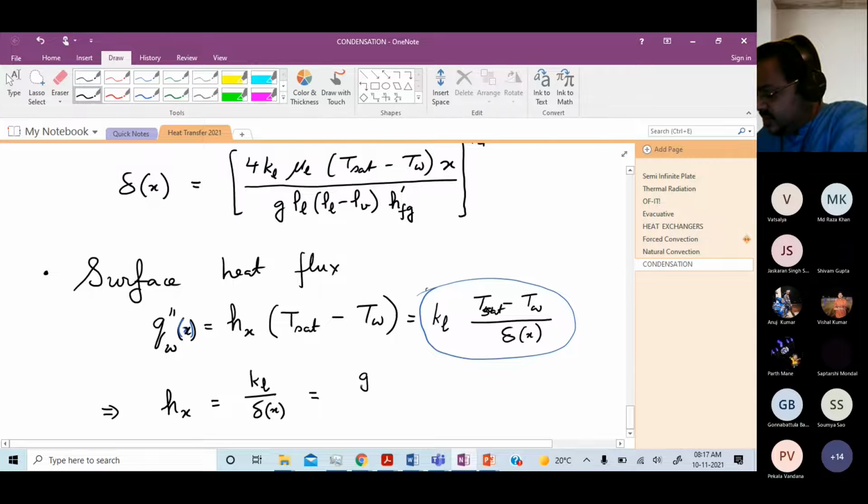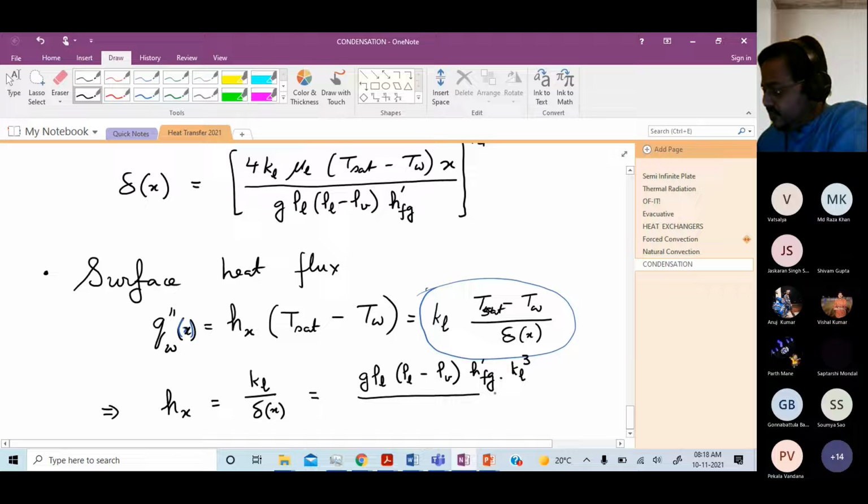So essentially what you will have is g rho L minus rho V H prime Fg times KL cubed, because you have a KL and a KL in the denominator, and inside it is to the power 1/4, divided by 4 mu L Tsat minus Tw times x.